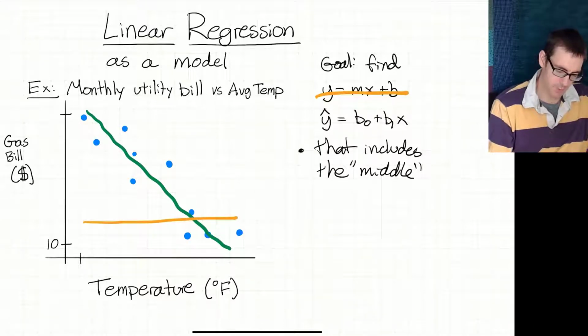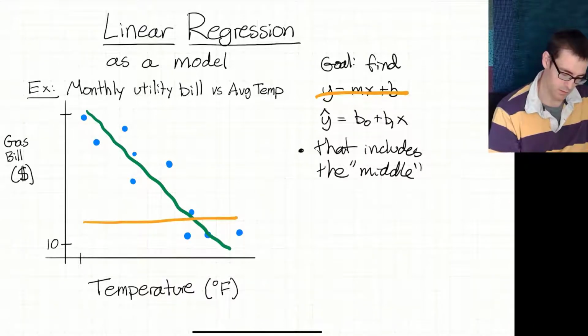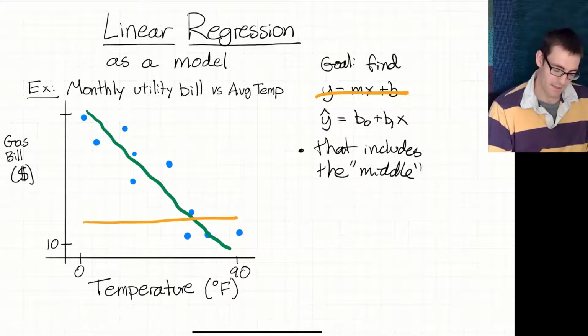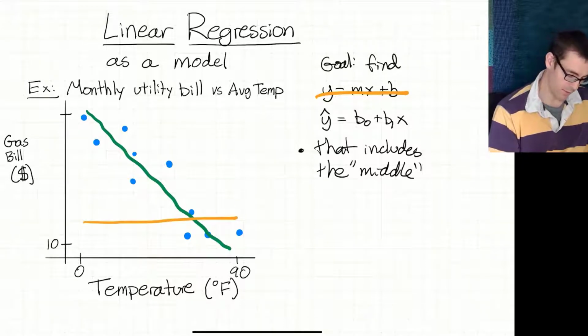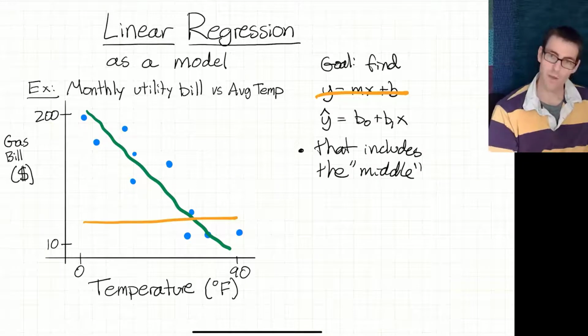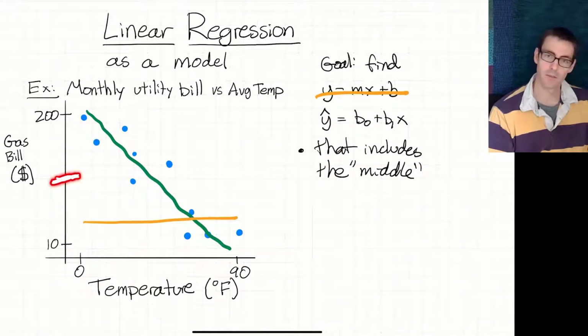Maybe because temperature is, let's say, going from 0 degrees to 90 degrees, this is just a distribution. We can find the average temperature. Similarly, the gas bill goes from $10 to, let's say, $200. We can find the average gas bill.